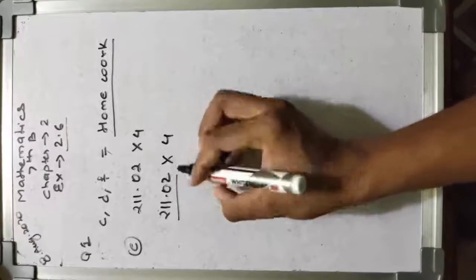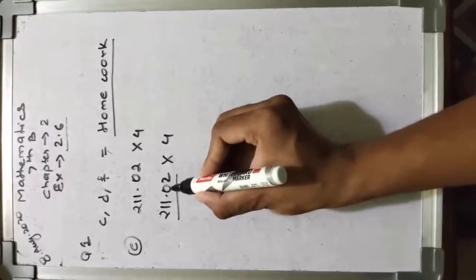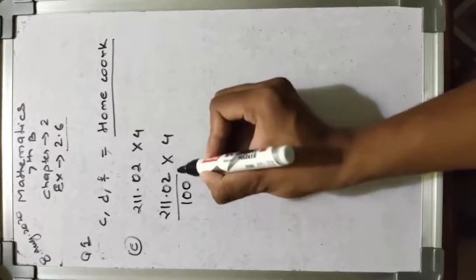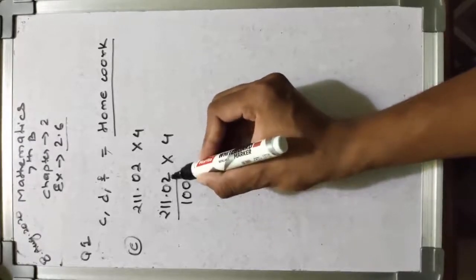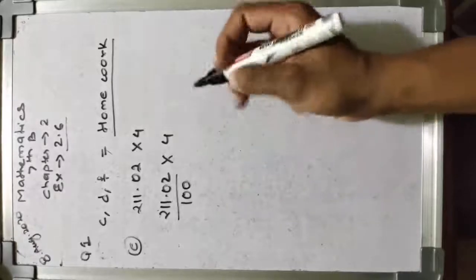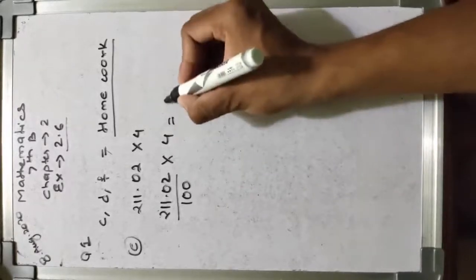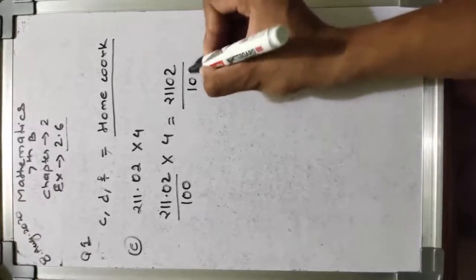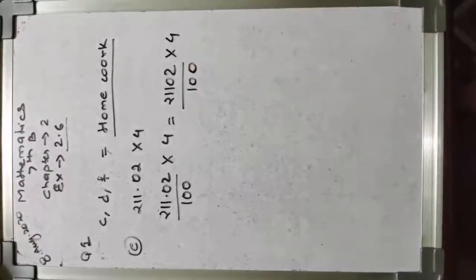How many digits are there after the decimal? 2 digits, 0 and 2. So I will divide it by 100: 1 0 for this 0 and 1 0 for this 2. So this number will become 21102 upon 100 into 4.